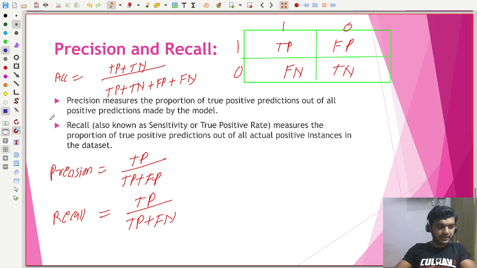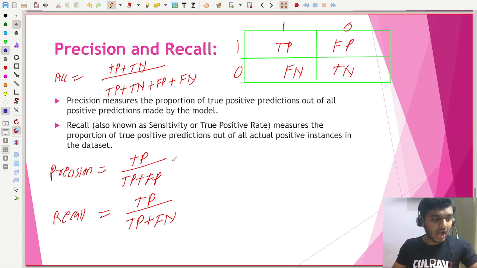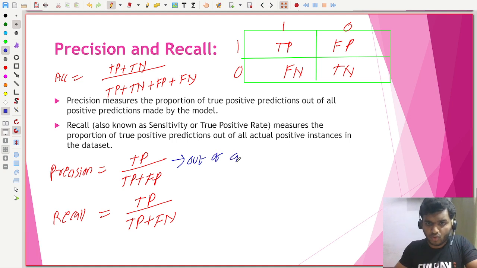because out of all actual values, it will calculate how many are correctly predicted.